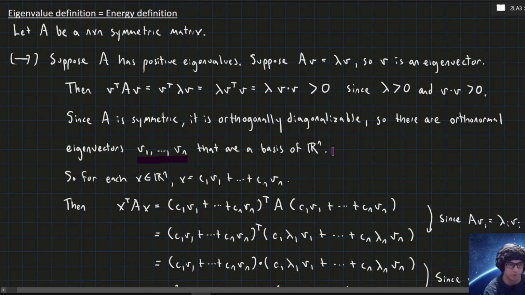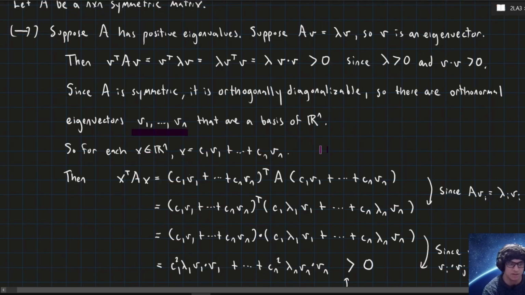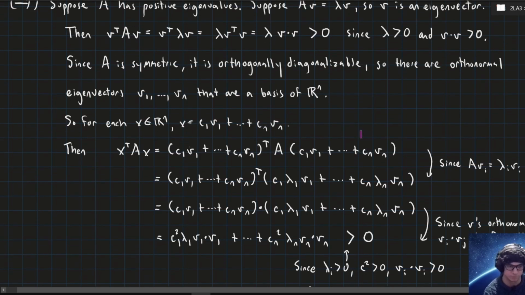It's a property of symmetric matrices. And since these V's are a basis, for every x in Rn, we can write x as a linear combination of the basis elements.